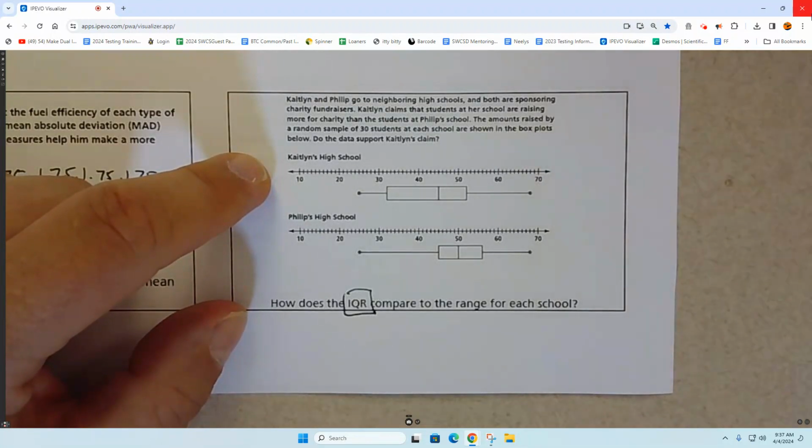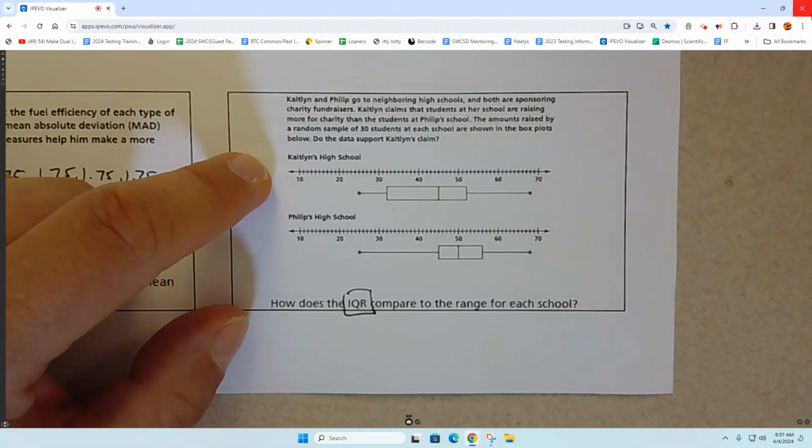Okay. Here's a big hint with box plots. You're probably going to talk about what? The median, and what else? Why do we have box plots? What do they show? There's a word I'm looking for.